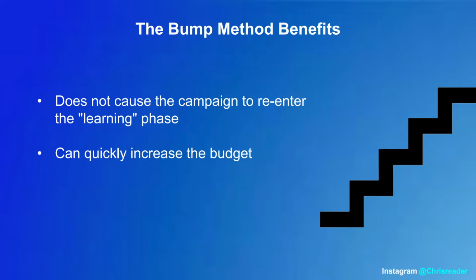So the benefit of this is the campaign doesn't re-enter the learning phase, and that means your campaign can run pretty much way smoother as you're scaling, and it allows you to really increase the budget really fast.